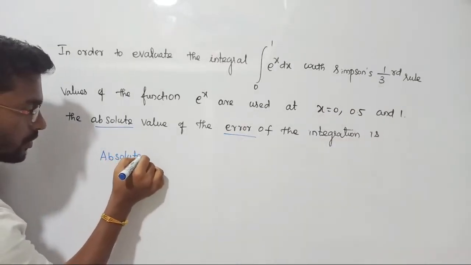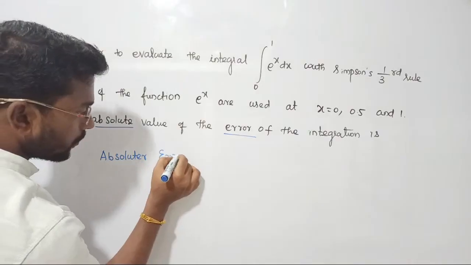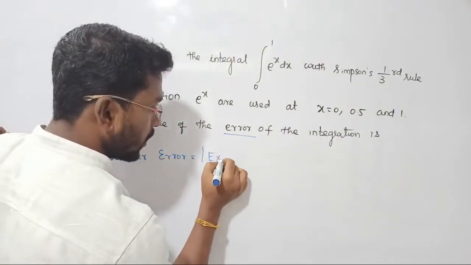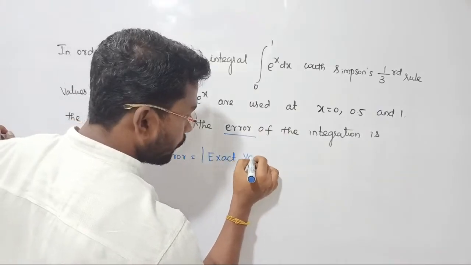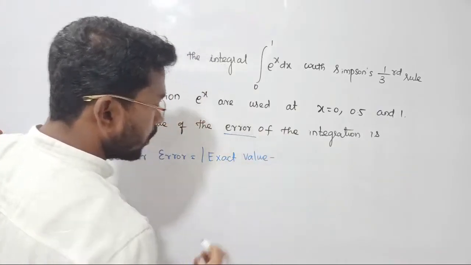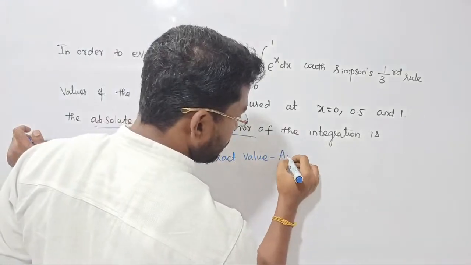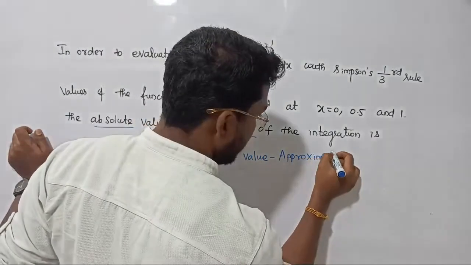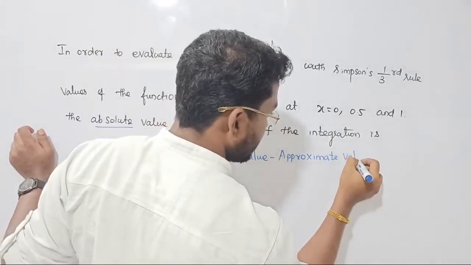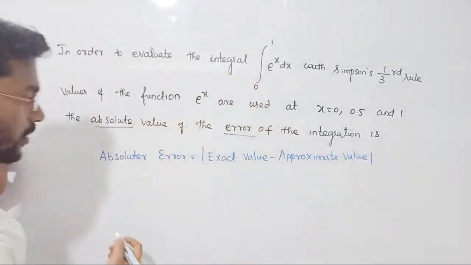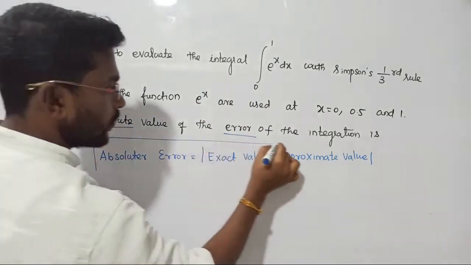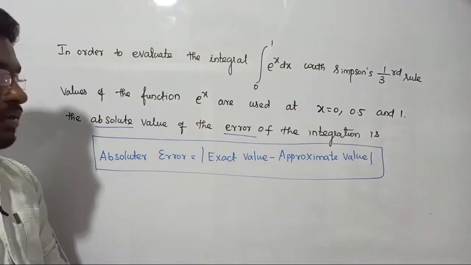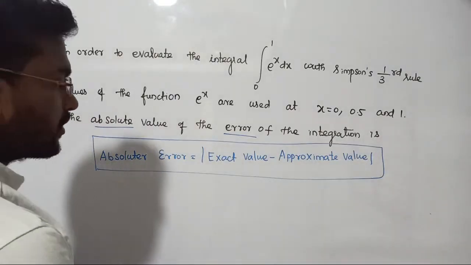Absolute error should be equal to mod of exact value minus approximate value, right? Do you all agree with me? Yes, we had estimated this value. So exact value minus approximate value, that is what we need to do. We have to bring the answer for this one. Shall we proceed?